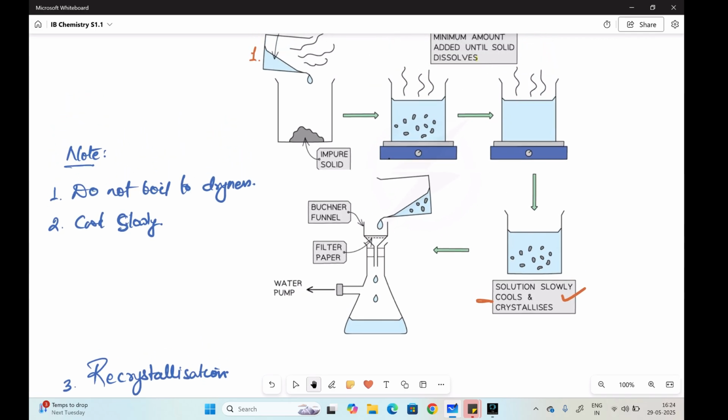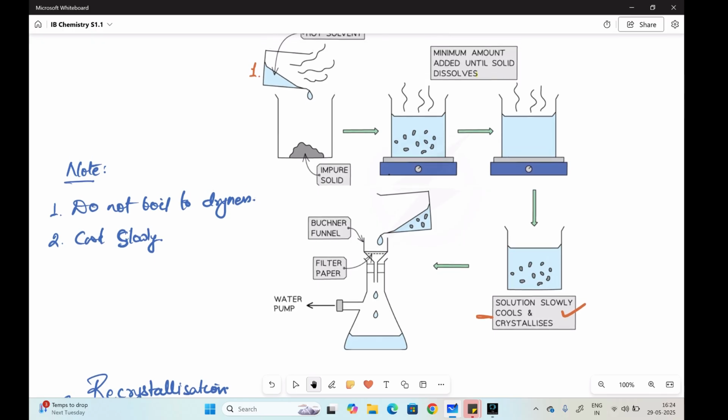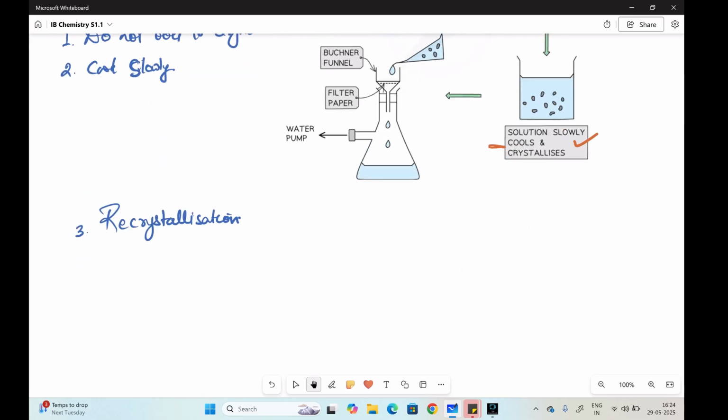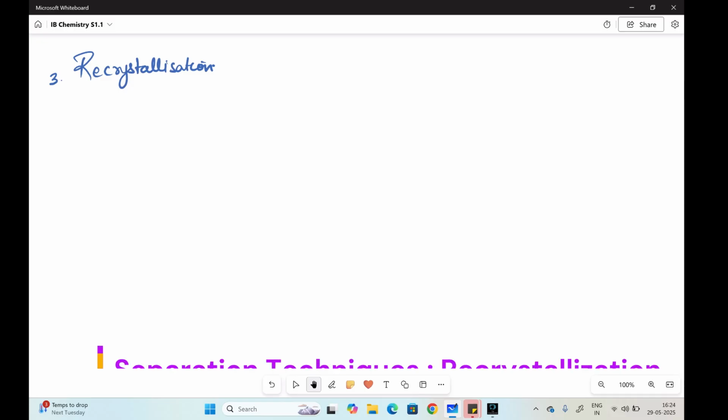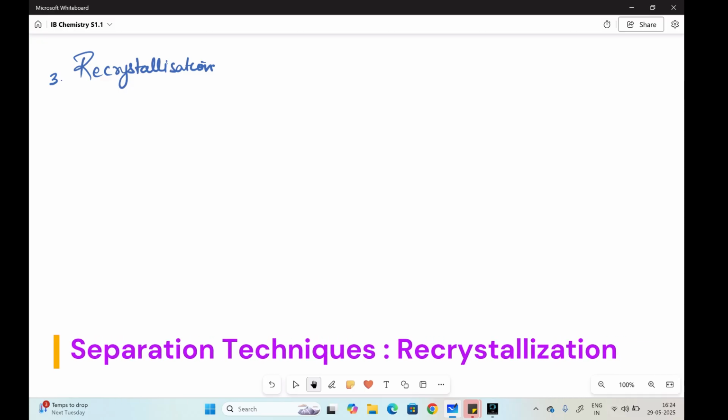This is the diagram. You can stop and you can see the image. Right. Before, let's begin with the recrystallization process.